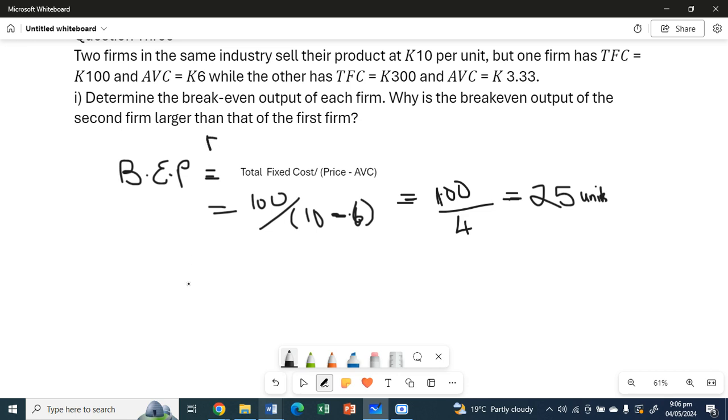It's the same formula. For firm two, as you can see, the total fixed cost is 300 and the average variable cost is 3.3. So we say 300 divided by 10 minus 3.3.